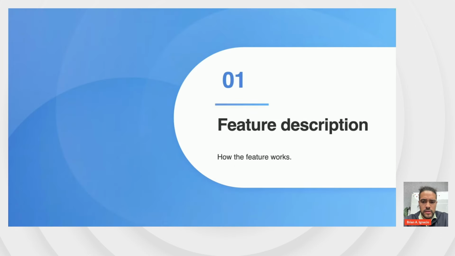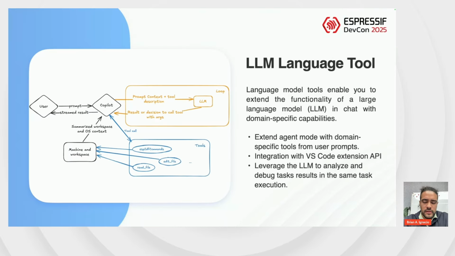Today, we're going to see how this feature works and how you can use it. First, this feature uses the LLM language tool API from Visual Studio Code. This allows us to extend the agent mode with domain-specific tools from the user prompts in the Copilot chat.